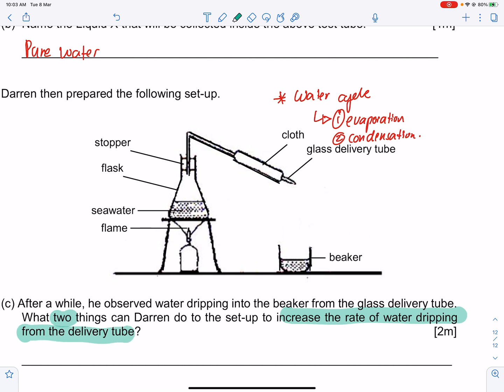So basically, this links us to the two processes that drive the water cycle, right? Your main idea is you want your water cycle to happen at a faster rate. So there are two processes that you can tweak. Either you tweak your condensation or you tweak your evaporation. You choose one.